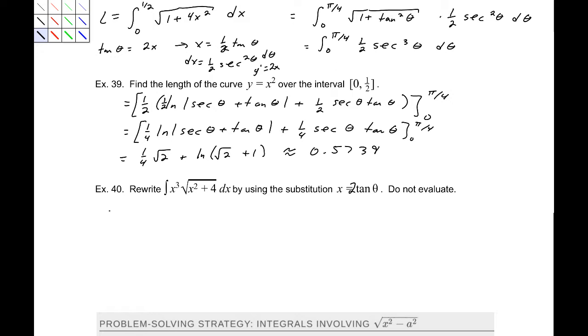So this is going to be x cubed, so that would be 8 tangent cubed theta, square root of 4 tangent squared theta plus 4, which will become a 2. Okay, I'll leave this part here. This will become a 2 tangent squared theta plus 1, so that'll be a secant.